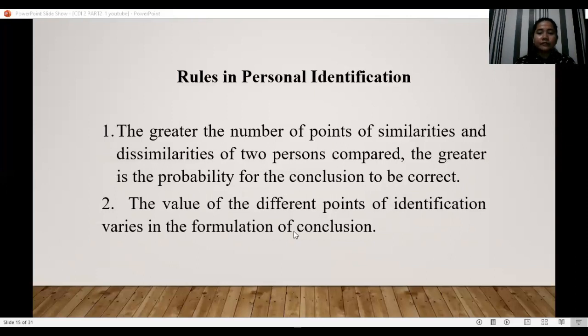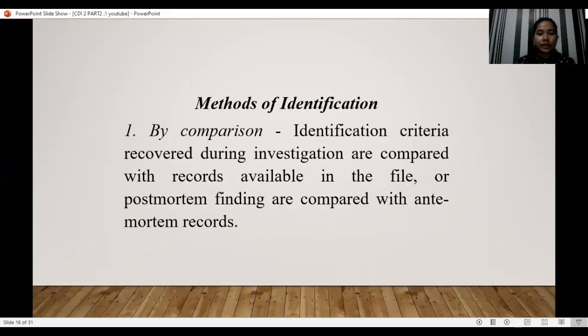So next we have methods of identification. The first one is by comparison. When we say by comparison, identification criteria recovered during investigation are compared with records available in the file, or post-mortem findings are compared with ante-mortem records.